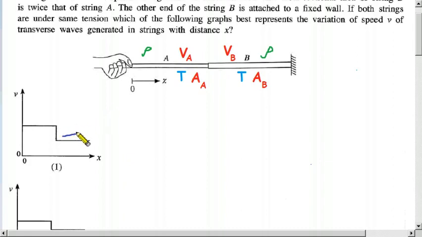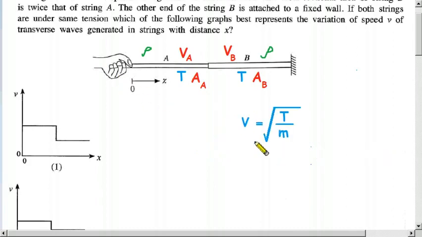Whether it decreases or increases when the wave transfers to medium B is what we have to find out. That is, what happens to VB, or the relationship between VA and VB. So now the question is clear.